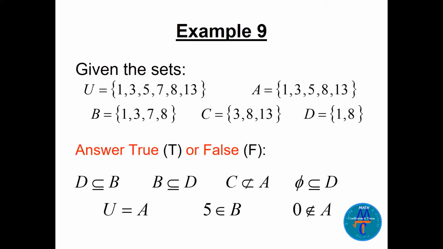Just read, compare, look at the given, and write on a piece of paper true or false, and then we can check the answers together on the next slide. So let me start. We have set U: 1, 3, 5, 7, 8, 13. We have set A, set B, set D: 1 and 8 only. Let's see. I'll take the first one, please.